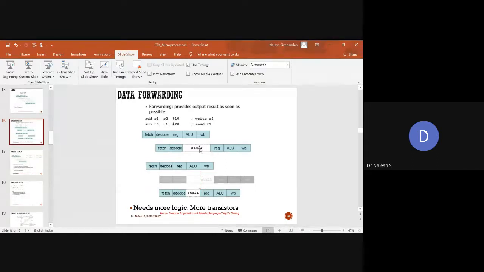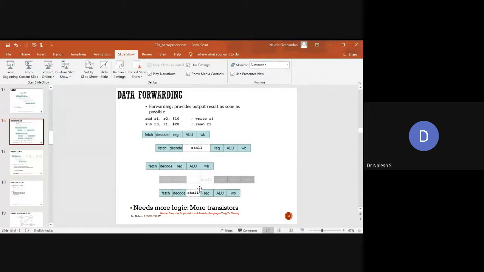So if you see here, you need to wait 2 cycles before proceeding. But if this option is there, you can save 1 cycle, which means you can improve the throughput. But introducing this logic into the architecture again will require more logic.